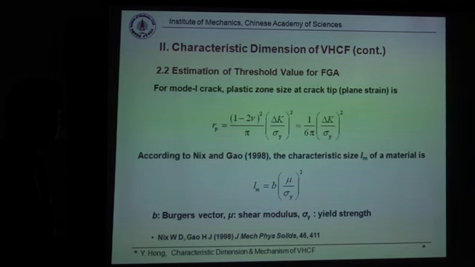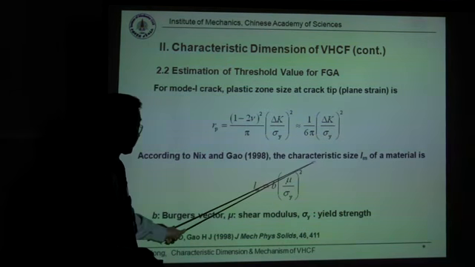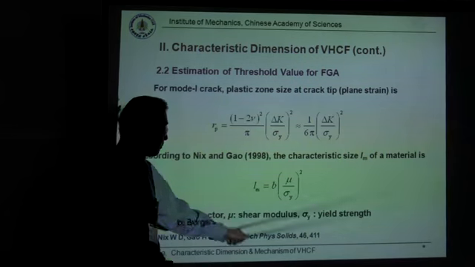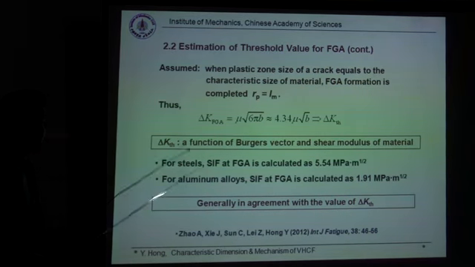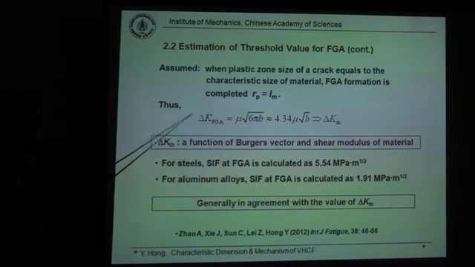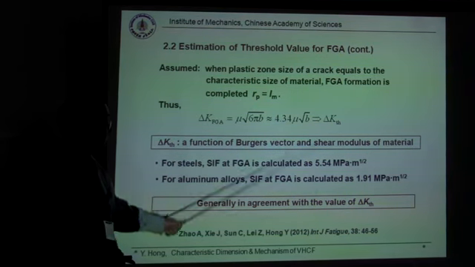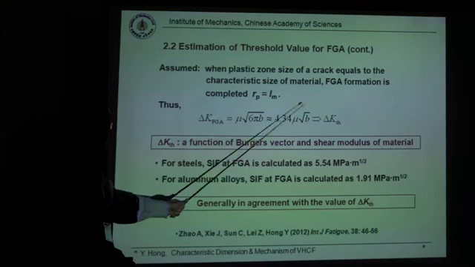And then, based on the plastic size at the crack tip and also the characteristic size of the material, we may get this formula showing delta K FGA is a function of shear modulus and the Burgers vector of the material.